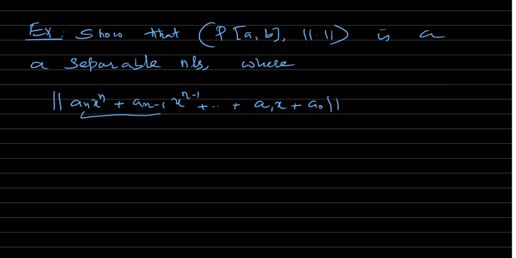That's also a norm. So let's see this: mod of a_n plus mod of a_{n-1} plus mod of a_1 plus mod of a_0, with respect to this norm. So this is a separable normed linear space.